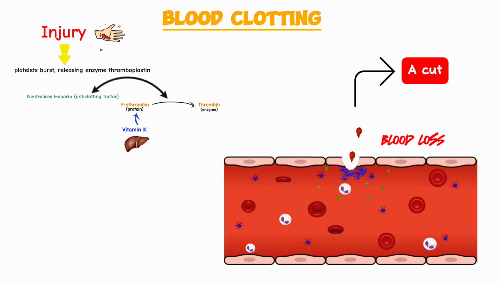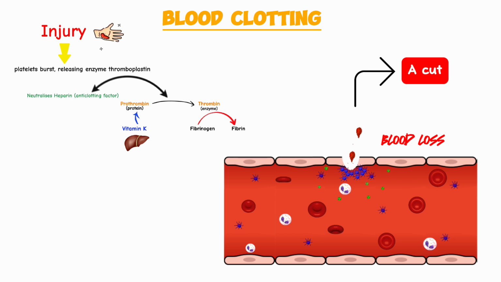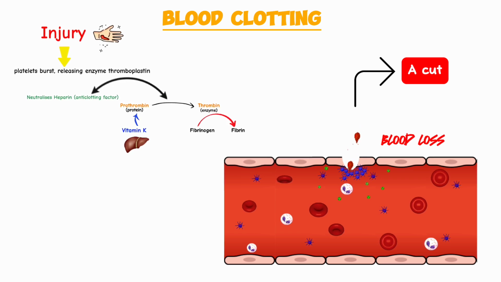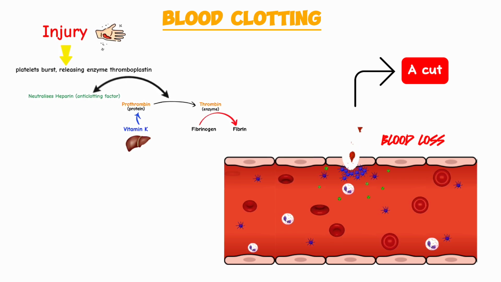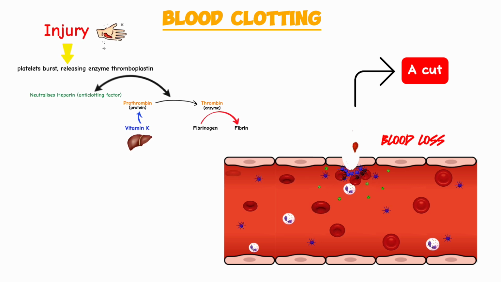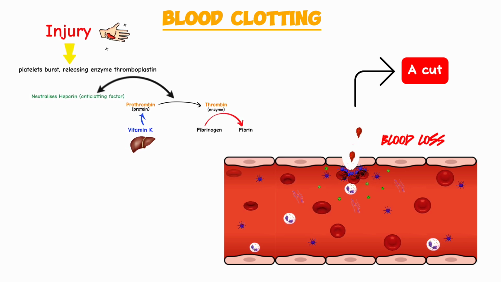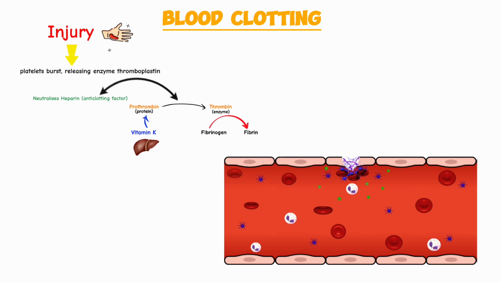Now moving on to enzyme thrombin. So it has been activated. Now what is its role? Enzyme thrombin activates the conversion of fibrinogen to fibrin. Now remember what I said about fibrinogen? This is a soluble plasma protein that is normally found in blood. Now in the presence of enzyme thrombin, it's converted into an insoluble form called fibrin. So fibrin then forms fibers that entangle together, that join together to form a meshwork around the damaged part.